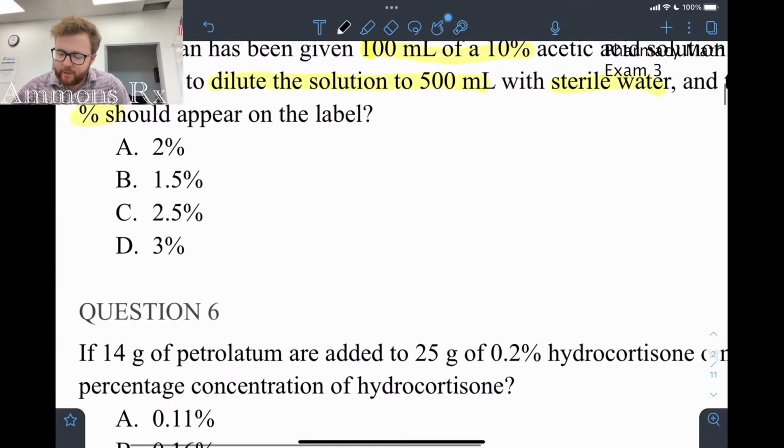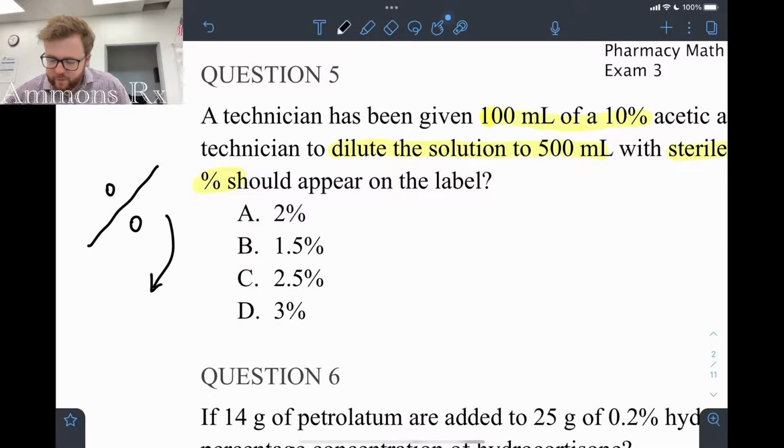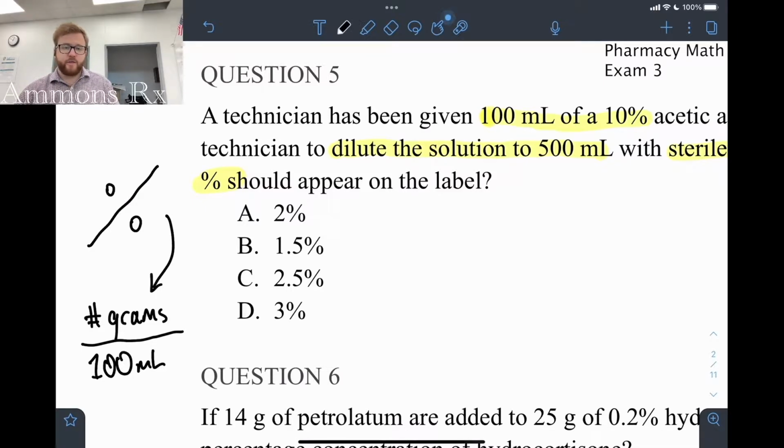On the first question on this test that involves percentage, I'm going to tell you, when you see this, you should think number of grams over 100 mils. That never changes. That's going to be the same every single time you see this percentage.